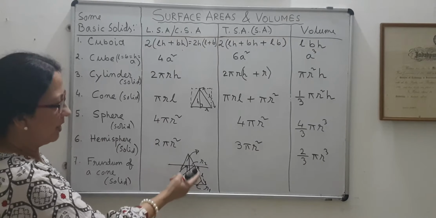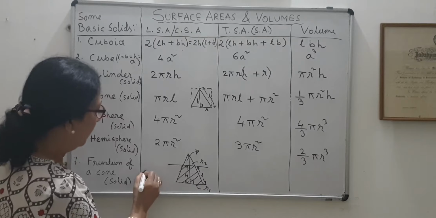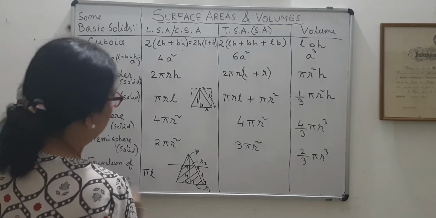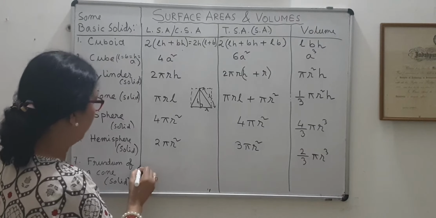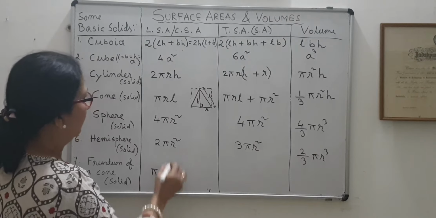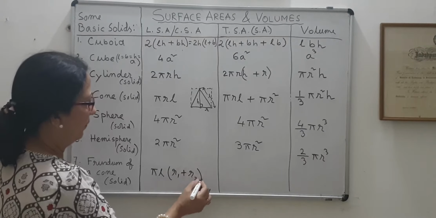Here there are two radii, R1 and R2, so we will write it this way, pi L. Now let me erase this. So you understood the figure of the frustum. The curved surface area will be similar to the cone, so it will be pi L, but instead of R, I will write the sum of the two radii, R1 and R2.